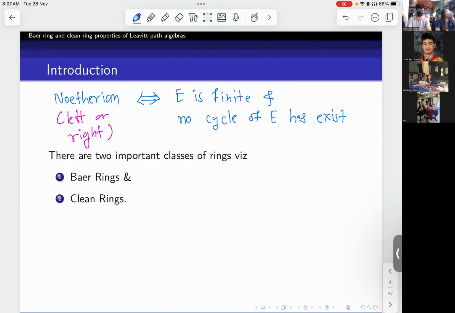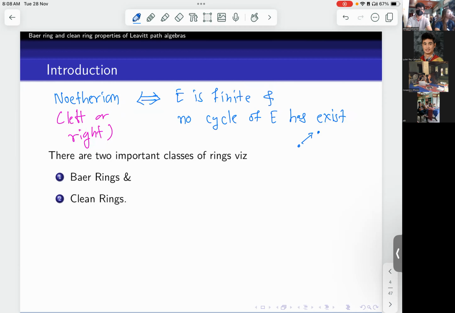So a Leavitt path algebra as a ring is left Noetherian if and only if the graph has a finite number of vertices and no cycle has an exit. I'll define what no cycle has an exit means later, or maybe intuitively it's something like this.